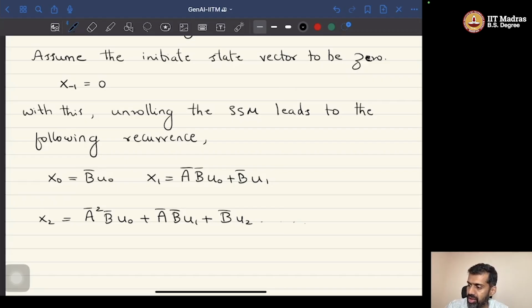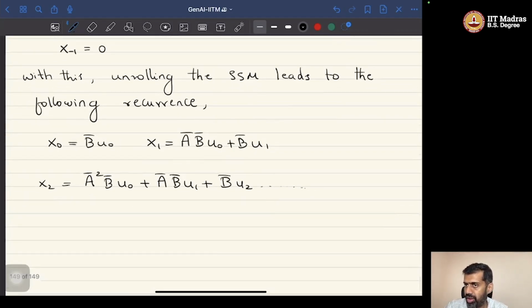So we can write this recurrence for xk, and similarly y naught will be equal to C bar B bar times U naught, and y1 will be equal to C bar A bar B bar times U naught plus C bar B bar U1.